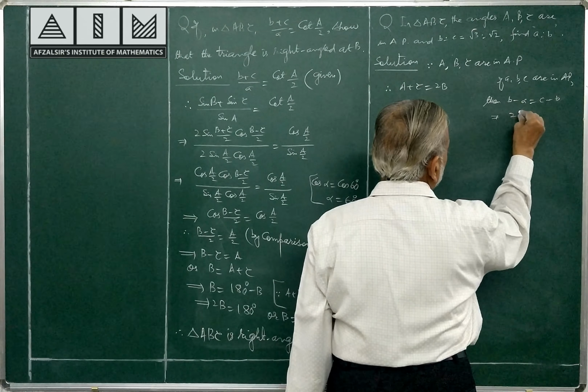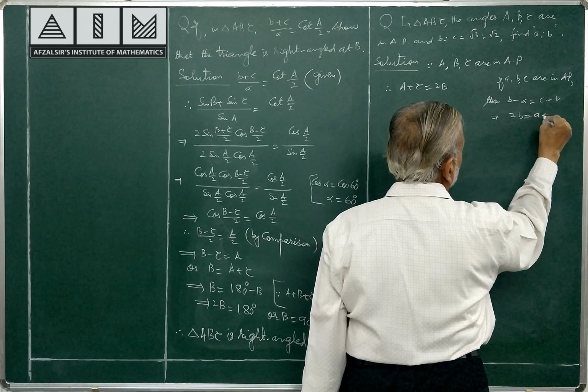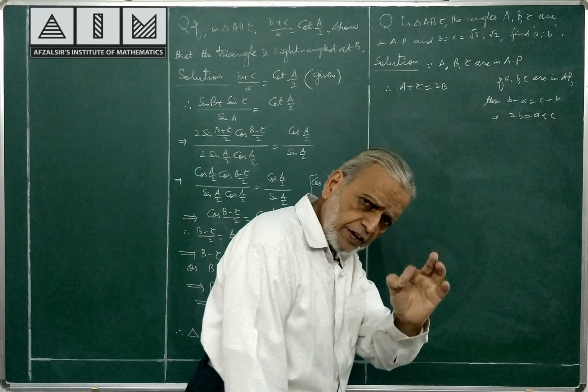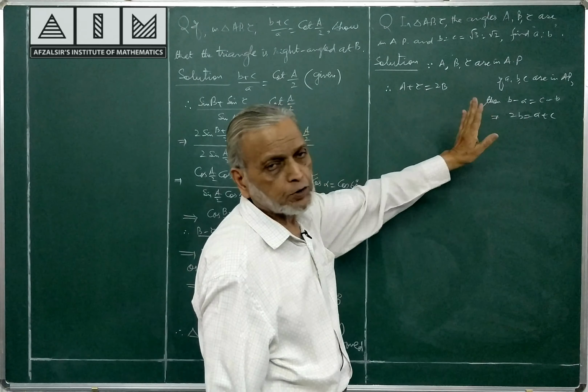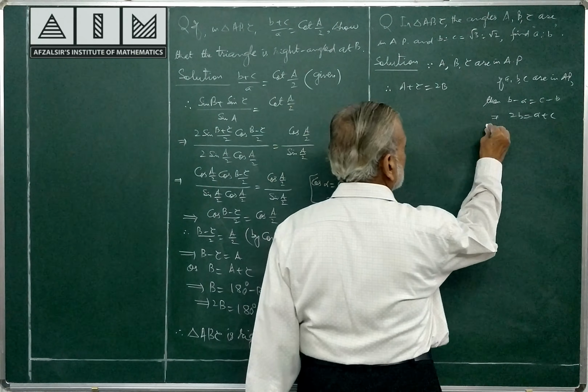B comes here. So whenever we say A, B, C are in AP, immediate conclusion is 2B is equal to A plus C. I will write.